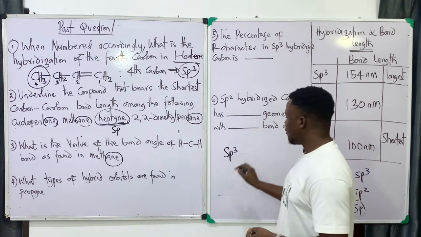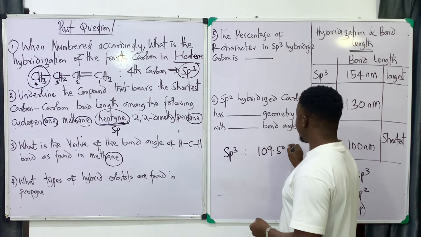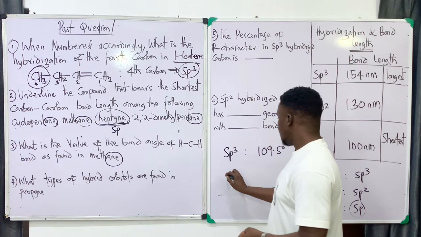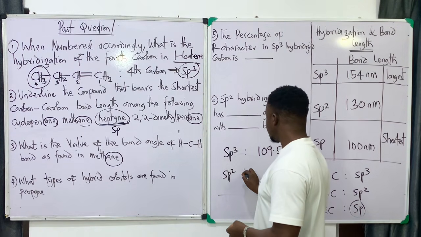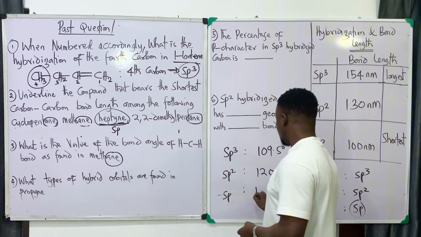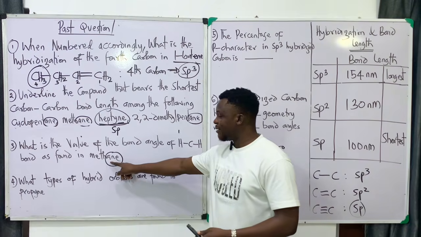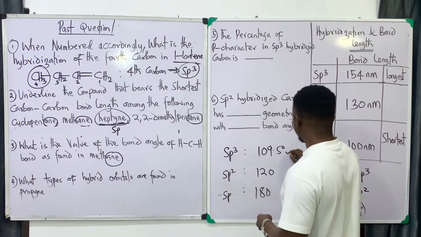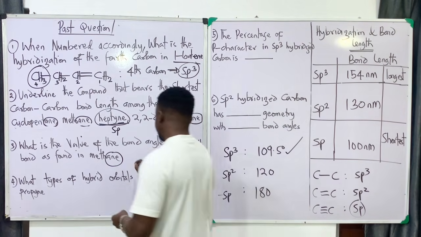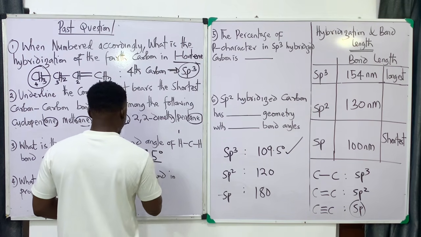If you remember, the bond angle for sp3 is 109.5 degrees. If it is sp2, it is 120. If it is sp, it is 180. So the carbon atom in methane falls under this category, and the value becomes 109.5 degrees.